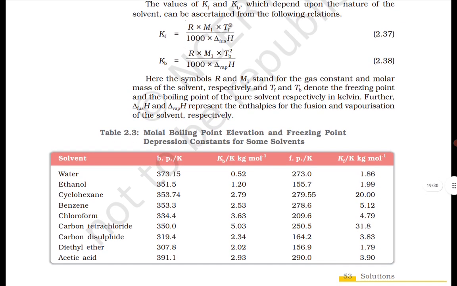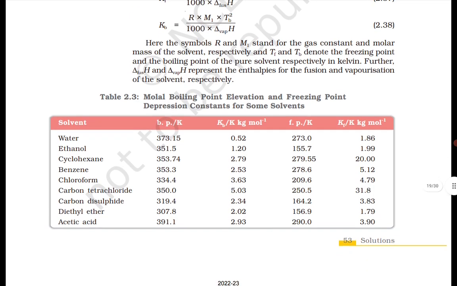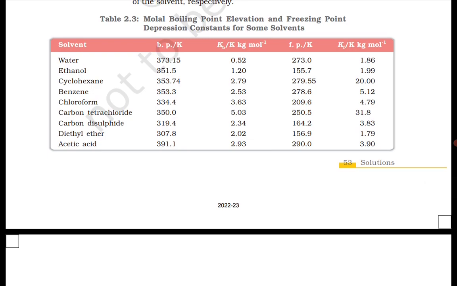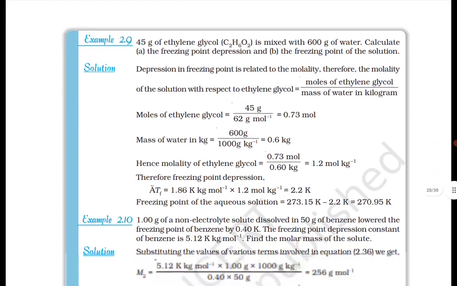Here the symbols R and M1 stand for the gas constant and the molar mass of the solvent respectively, and Tf and Tb denote the freezing point and the boiling point of the pure solvent respectively in Kelvin. Further, ΔH fusion and ΔH vaporization represent the enthalpies for the fusion and vaporization of the solvent respectively. Table 2.3 shows the molar boiling point elevation and freezing point depression constants for some solvents.